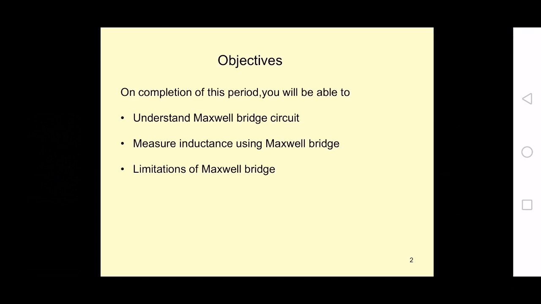Maxwell bridge is used to measure the unknown inductance. If in a one mark question the question is like "Maxwell bridge is used for measurement of", then you have to write: it is used to measure the unknown inductance.